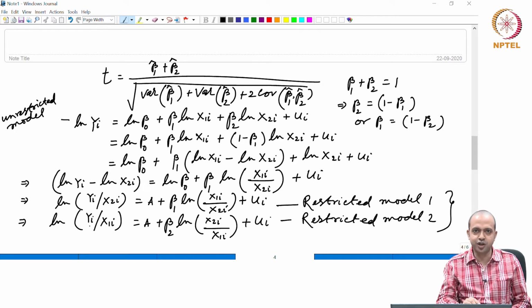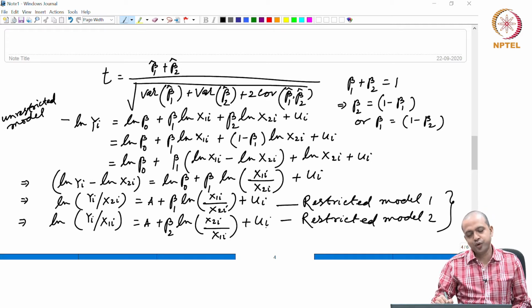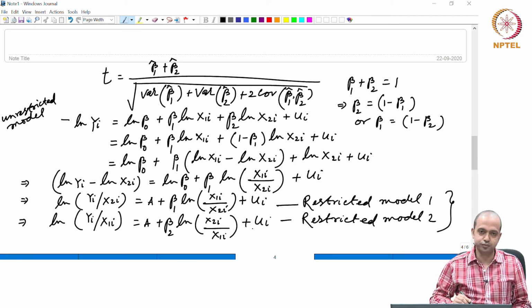Average productivity of labor is determined by how much capital is allocated per unit of labor. So, you can get both the versions, not a problem from an econometric point of view, either you can substitute beta 2 for beta 1 or beta 1 for beta 2. What I am saying is that restricted model 2 is more appealing for the economist and more used in the literature compared to restricted model 1.